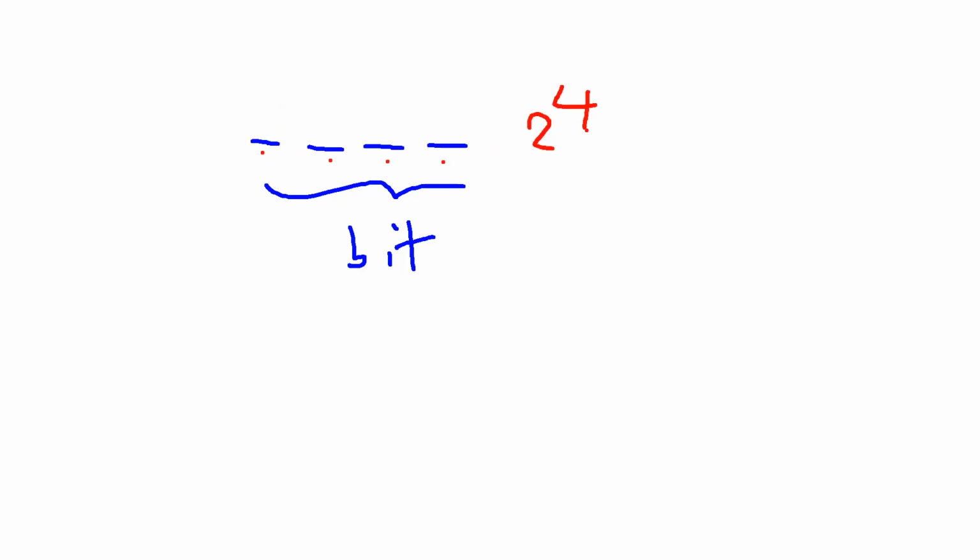That means if you use binary code, for example, 4-bit binary code, 1, 2, 3, 4, 4 bits, right? Then it can represent up to 16 things, maybe numbers, maybe some condition.